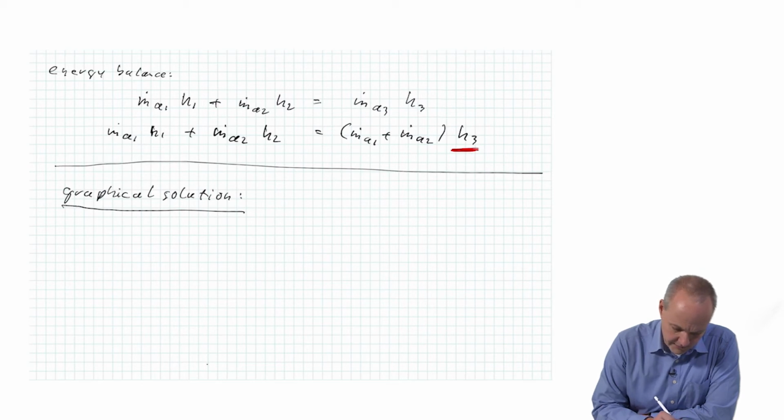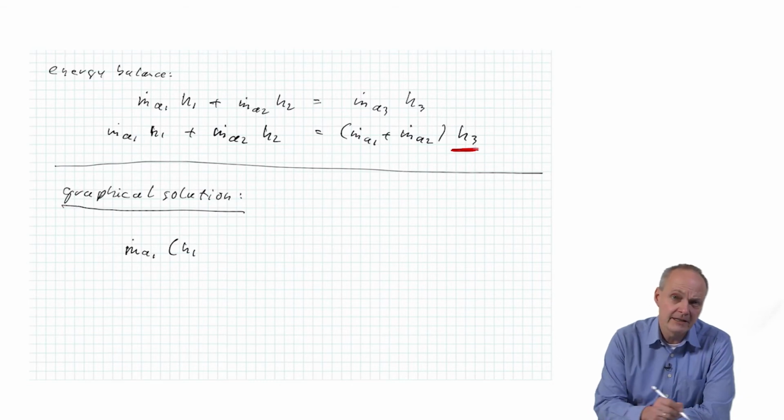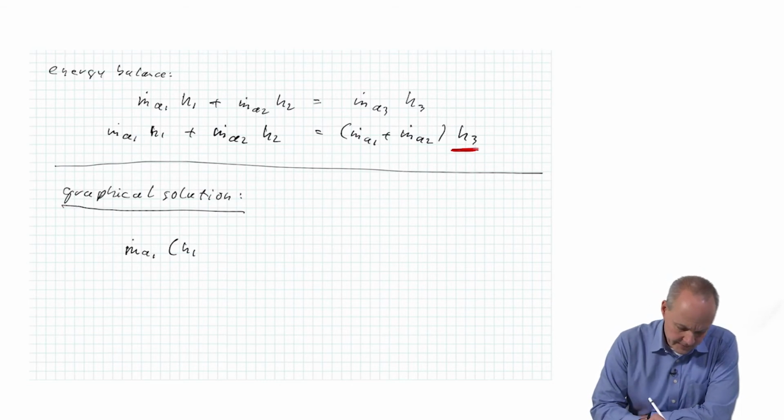If I bring everything which comes with m dot A1 to the left, I have m dot A1 times H1 minus H3.